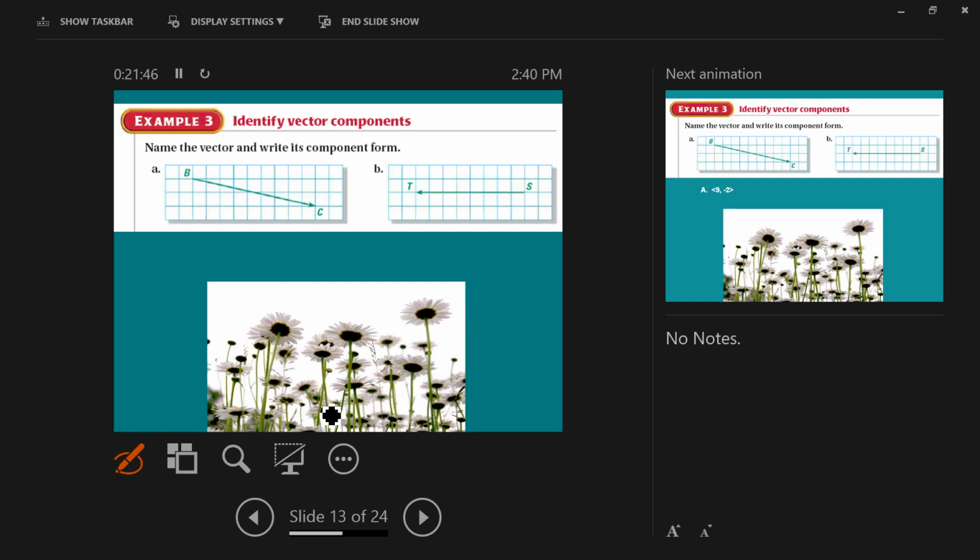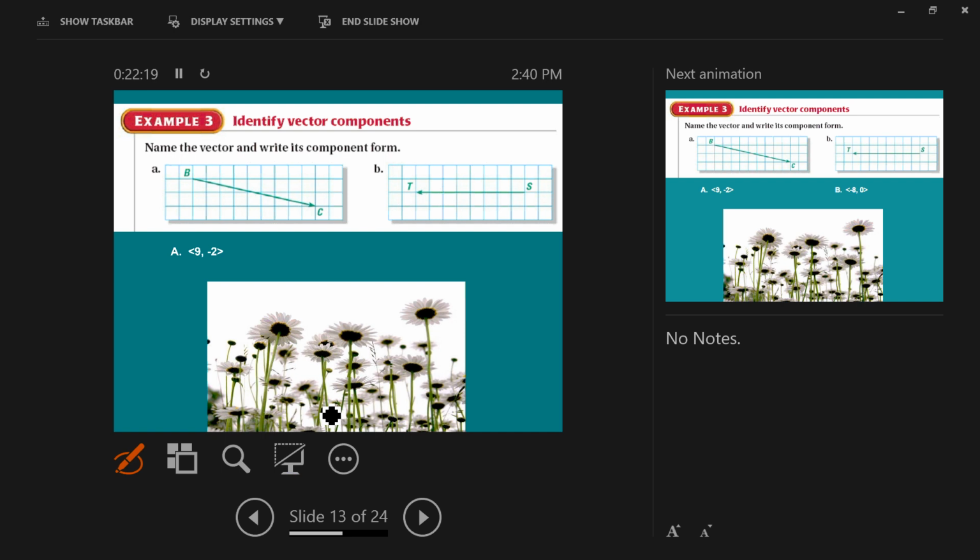Okay, and then when we write down the vector, we're going to count. Okay, how many did I move and which direction did I go for left and right? 9 units right, which would be in the positive direction. Good. Okay, and then up or down, how did we move? 2 down. So I'm going to have to put a -2 in that vector. Okay, so this is how we would write that. 9, -2.